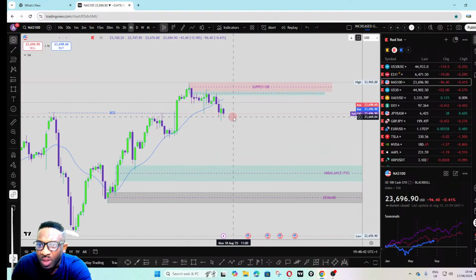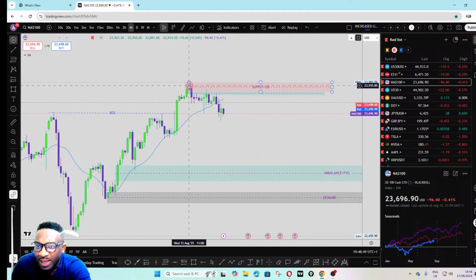As we can see, we had a break of structure. Price got to this high, pushed down, made this low, pushed up, tapped into the imbalance, filled it, and then broke the low here on this particular candle.